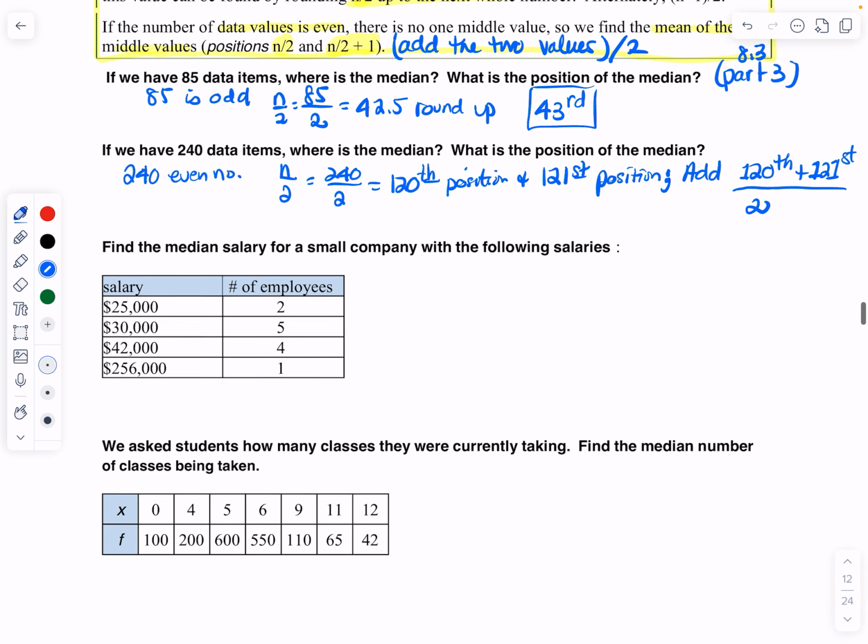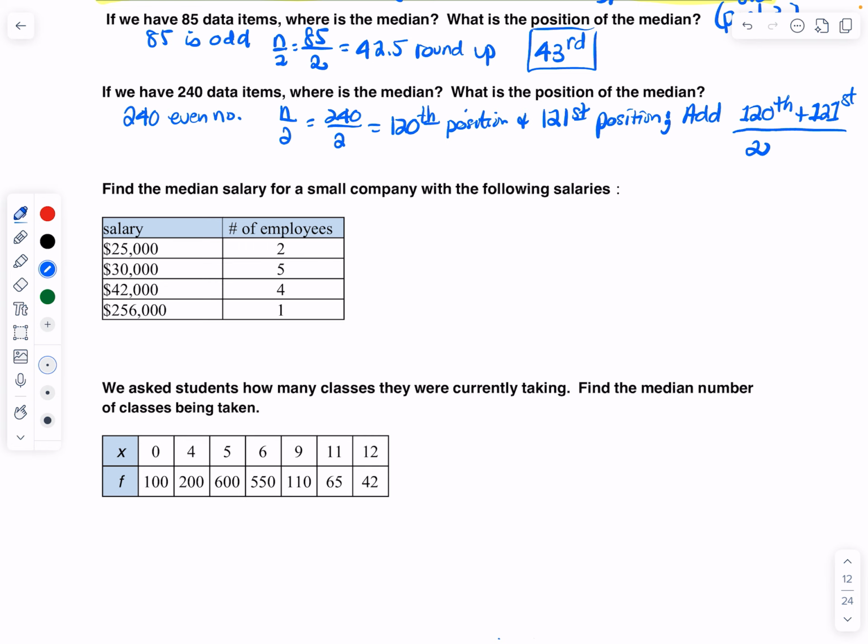Okay, all right, so let's look at this next one. Find the median salary for a small company with the following salaries. We've seen this table before in the last section. We have a frequency table, and the total frequency I found by adding the number of employees: 2 plus 5 plus 4 plus 1, which equals 12.